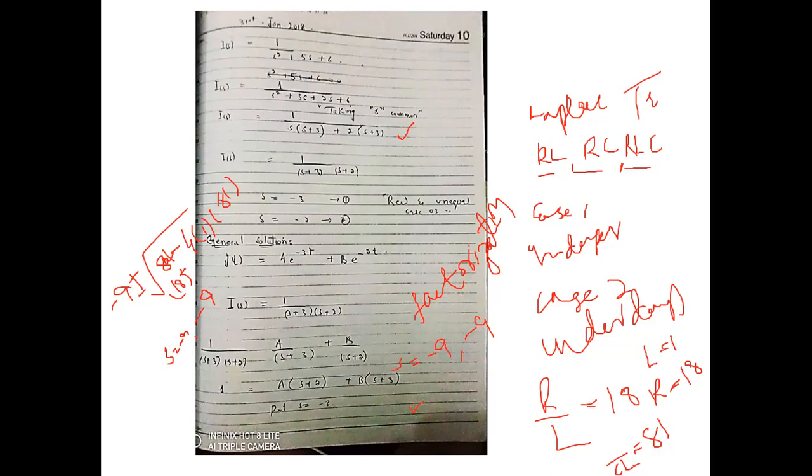So s plus 3 into s plus 2, these are the factors. The roots are s is equal to minus 3, s is equal to minus 2.